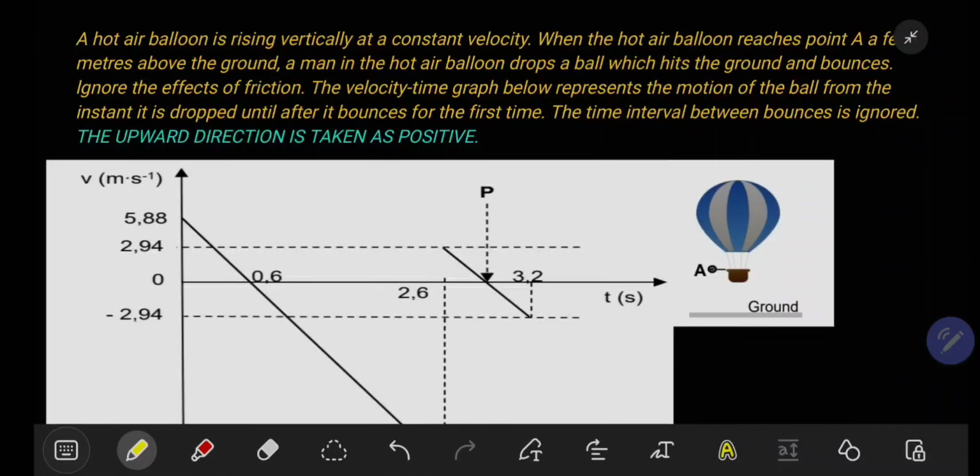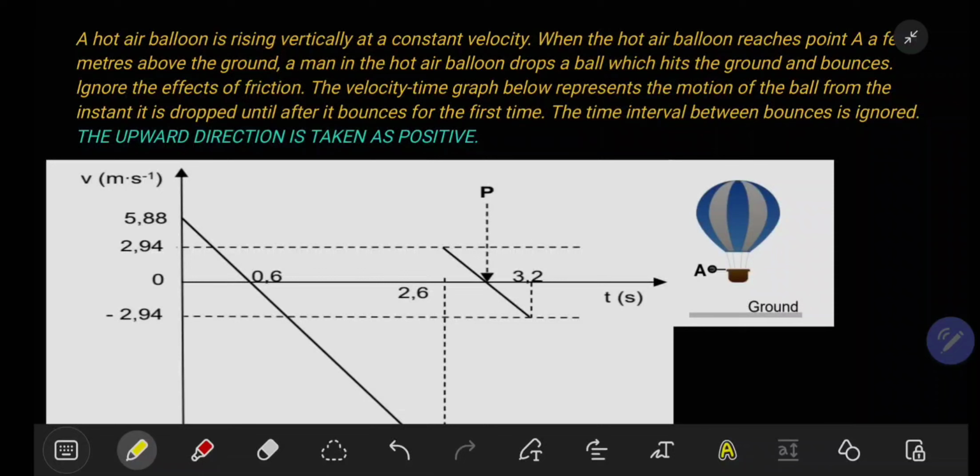Here we're given a hot air balloon which is rising vertically at a constant velocity. When the hot air balloon reaches a point A few meters above the ground, a man in the hot air balloon drops a ball which hits the ground and bounces. Ignore the effects of friction.